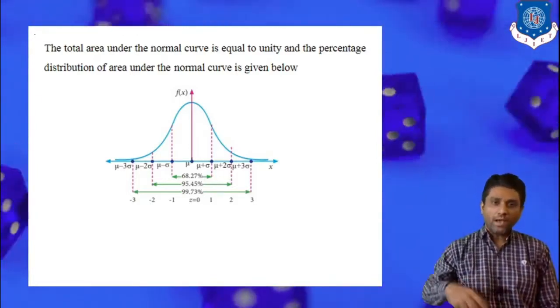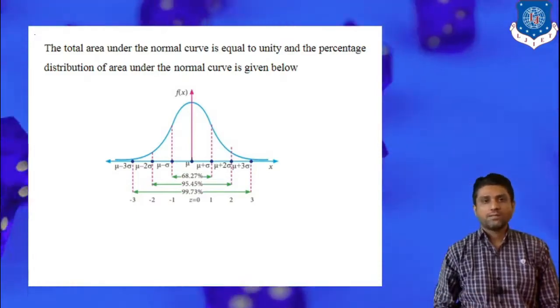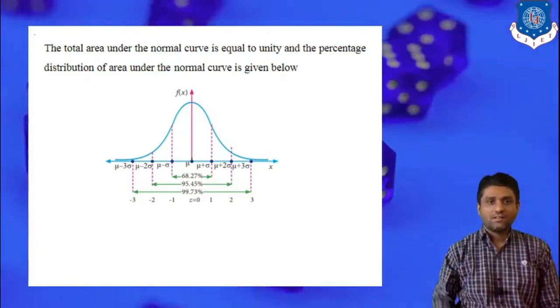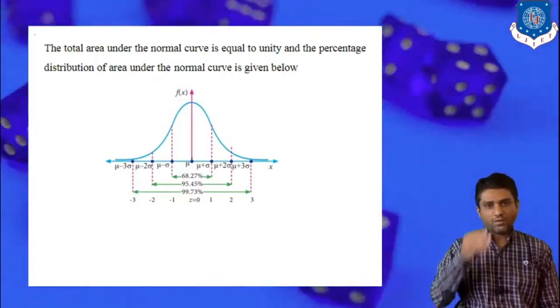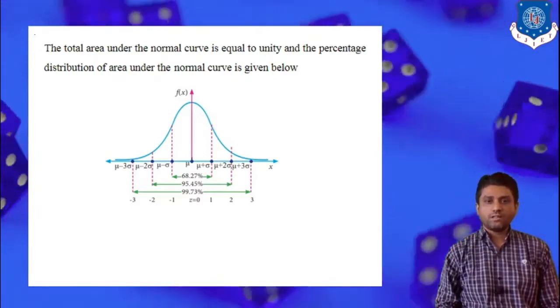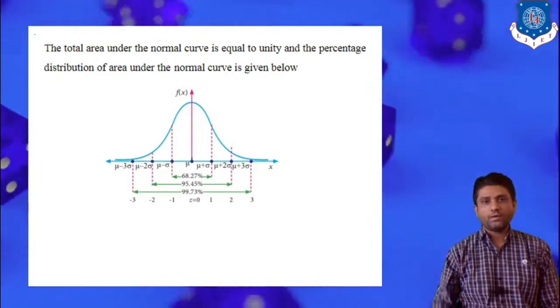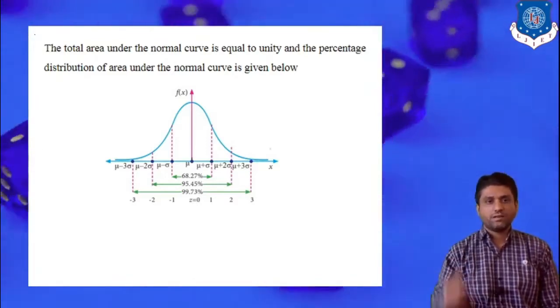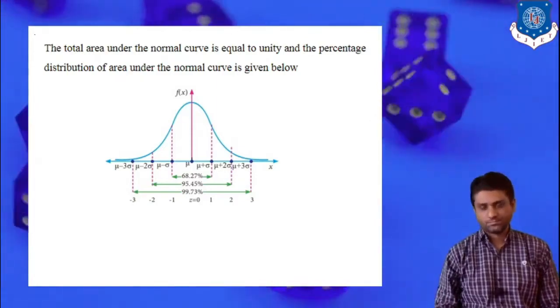If we are interested in finding the probability of x lying within this particular interval, minus 3 to 3, then directly we look at the value of that distribution in the standard normal table.